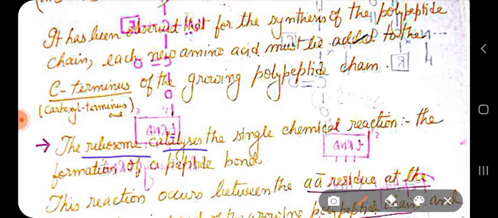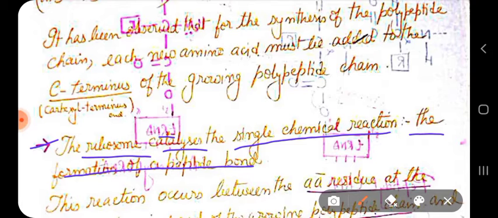Ribosome catalyzes a single reaction, the formation of the peptide bond. So the ribosome is catalyzing the single chemical reaction, which is the formation of the peptide bond. It is catalyzing the attachment of the amino acid to the C terminal end of the growing polypeptide chain.